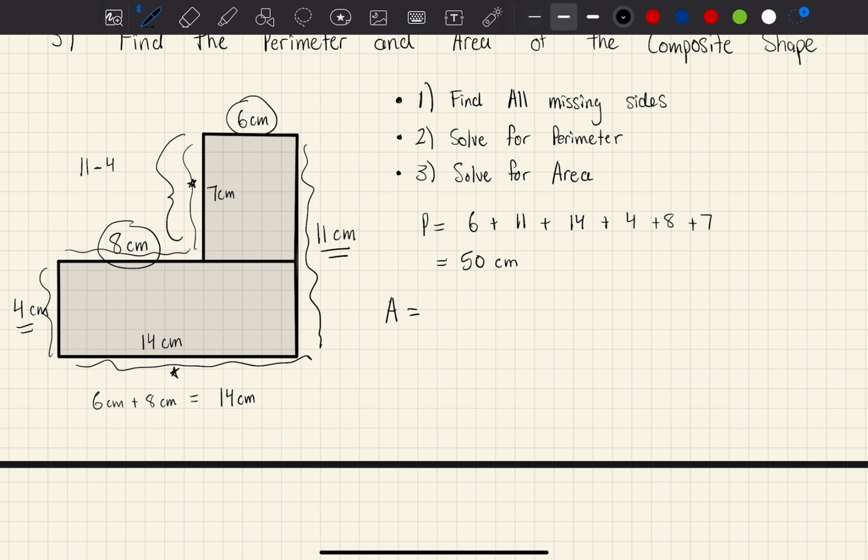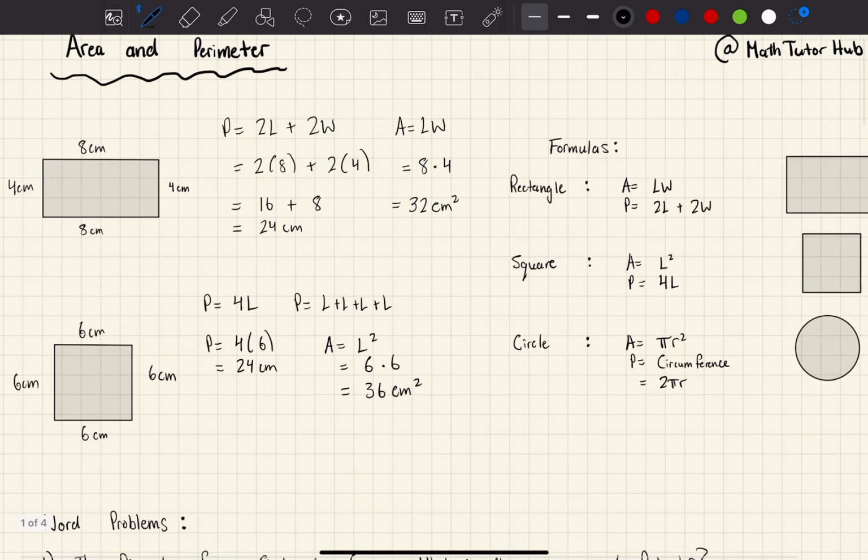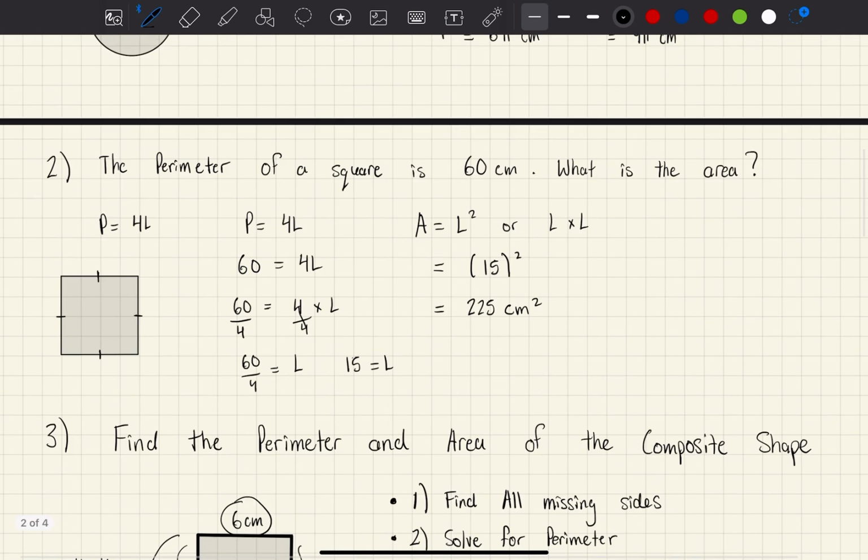Let's call one A, and let's call our other one B. So our first step, let's solve for the area of shape A. It's a rectangle. If we ever need to go back and look at our formula, area is equal to length times width.